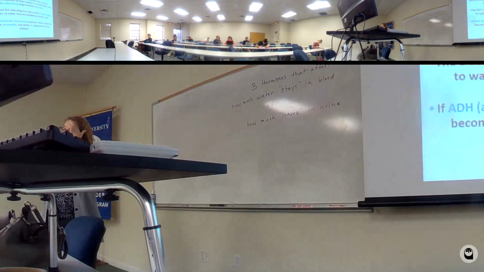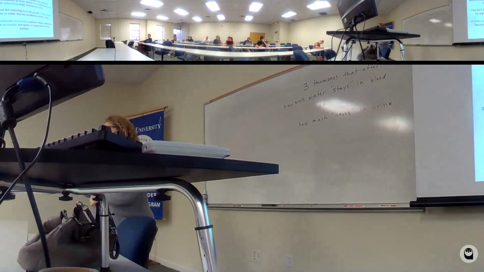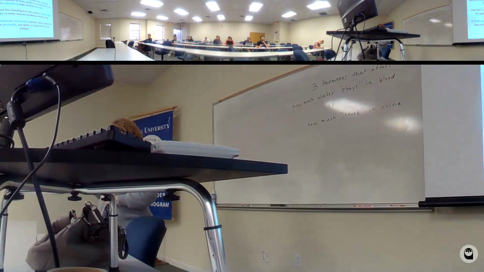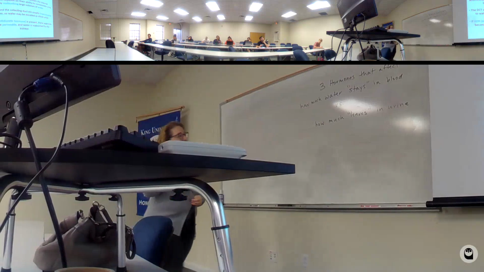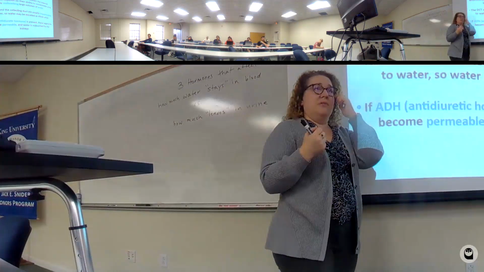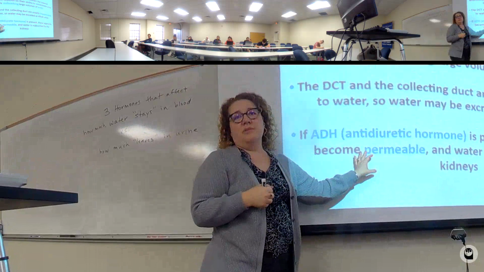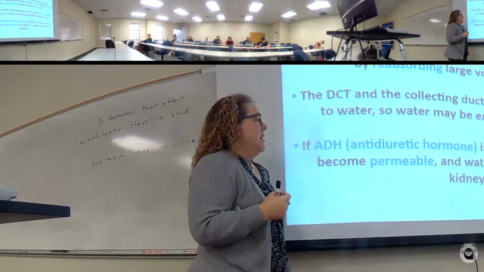And all of them start with the letter A, which is kind of annoying from a learning standpoint. And one of them is called anti-diuretic hormone. And we're going to have more information about anti-diuretic hormone in the next slide set.